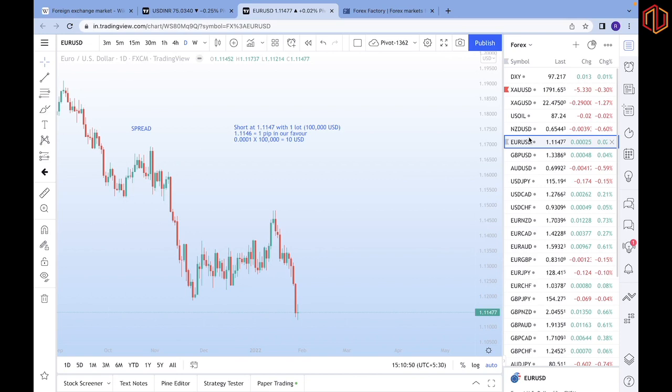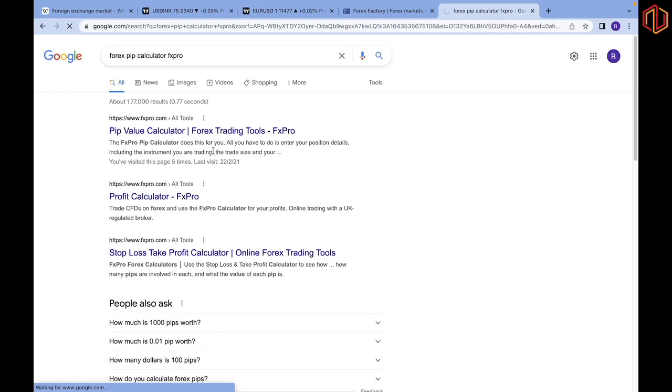A simple way of doing that is to go to a Forex pip calculator. A good one that I normally use is from FX Pro. So let's see how to use this calculator.